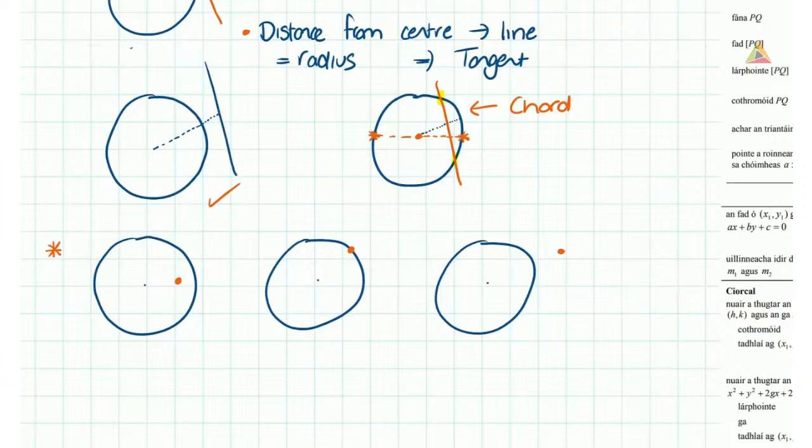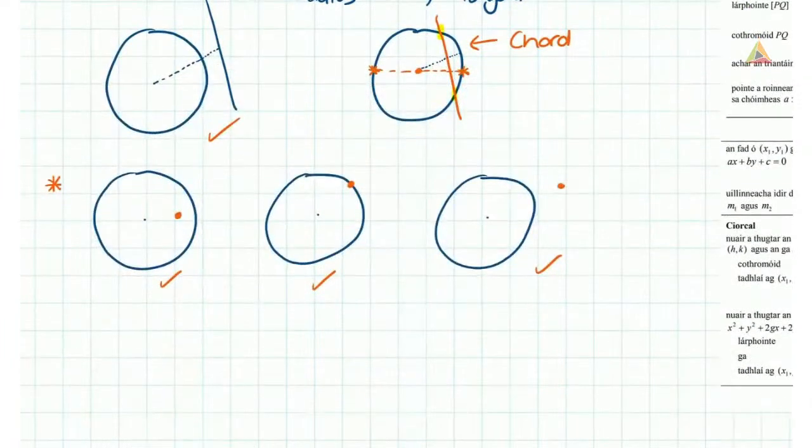So similar with what we did with the line, to check if the point lies on, inside, or outside the circle, what we would do is sub that point into the circle. So we'll have the equation of the circle and we'll sub the point into it.